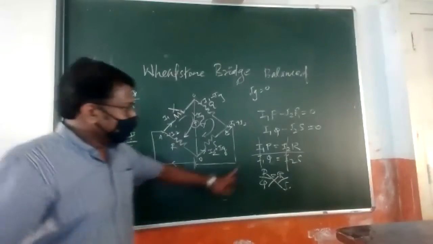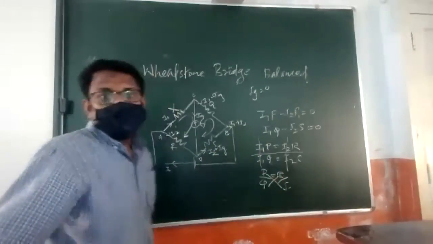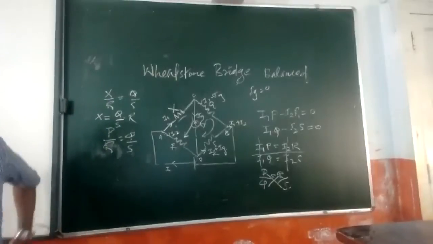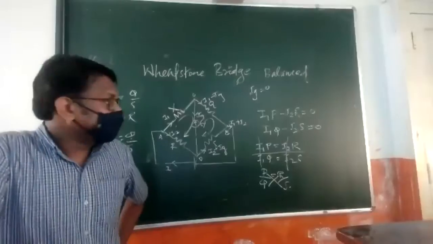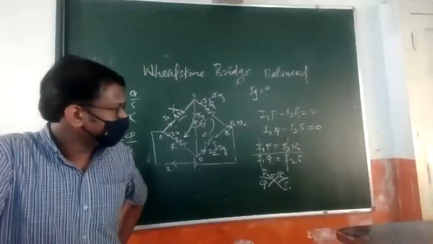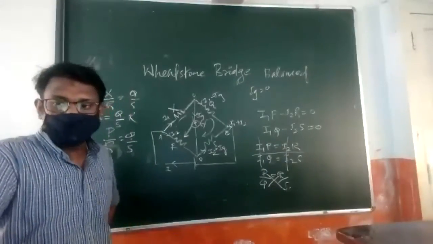So we can have I1P is equal to I2R, and I1Q is equal to I2S.